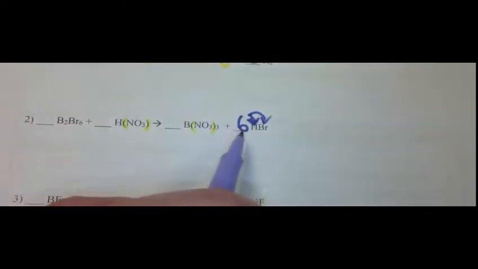So on this side we have 6 on the left. On the right side we only have 1. So I'm going to fix that with a coefficient of 6. Okay, but this also had the unintended consequence of changing my hydrogens. So now I also have 6 hydrogens on the right side, but on the left side, I only have how many?